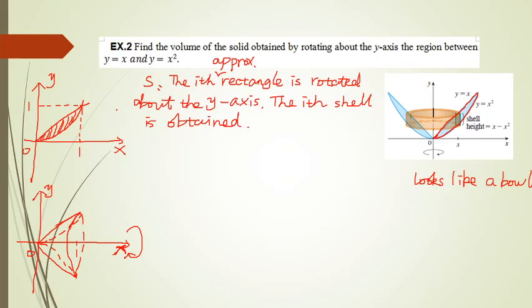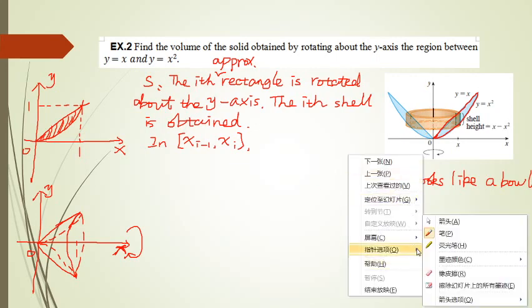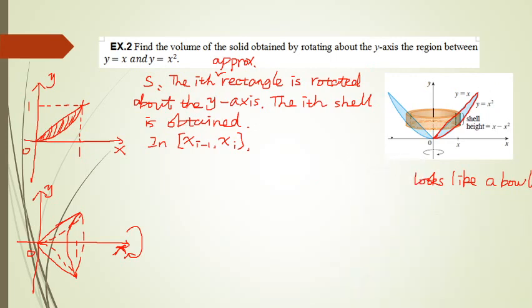Now let's figure out, in the ith subinterval, the radius for this shell. As I told you, it's not always 2 pi x for the circumference. The left endpoint x_{i-1} will be the inner radius, and the right endpoint x_i of the rectangle will be the outer radius.